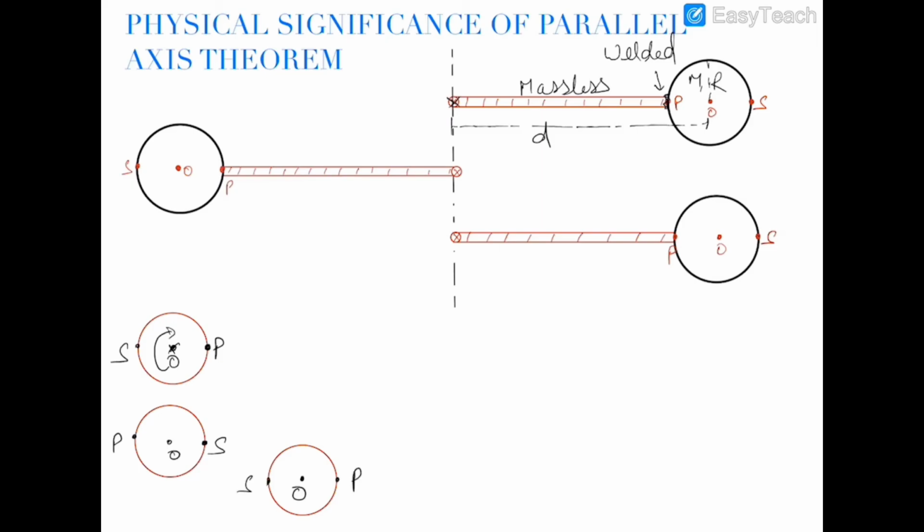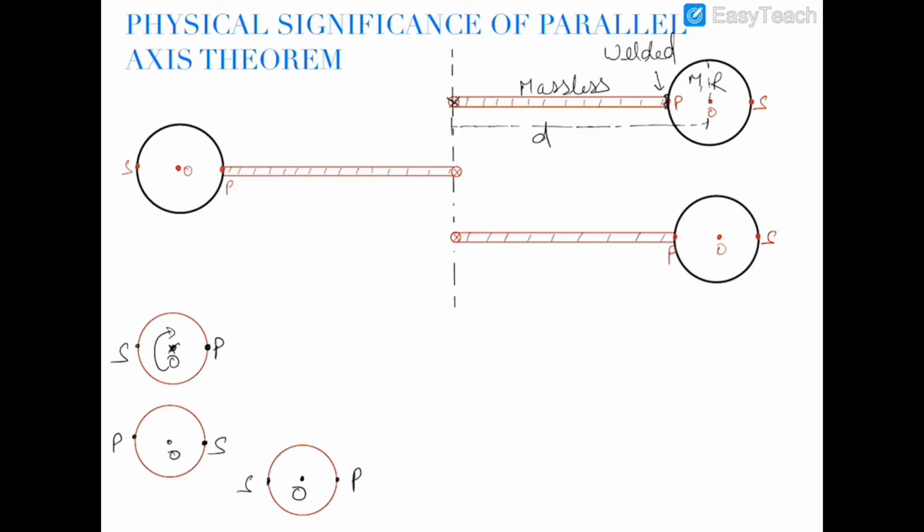So you can see that when this ring is rotating about the center of mass axis, these points are getting interchanged. So in this case, after half rotation, the point S, which initially was on the right side of the O and P on the left side, now has P on the right side of the point O, and S on the left side of the point O. Even after the second half rotation, these points have regained their original positions.